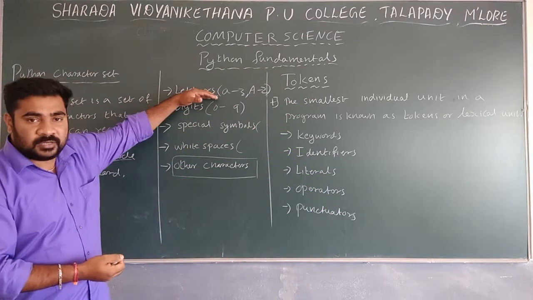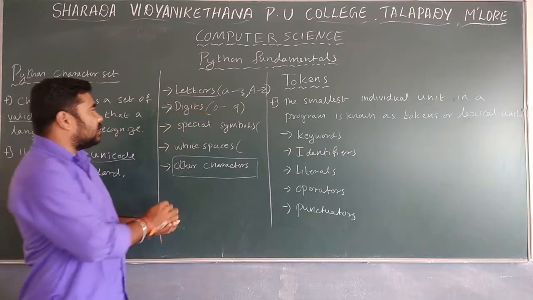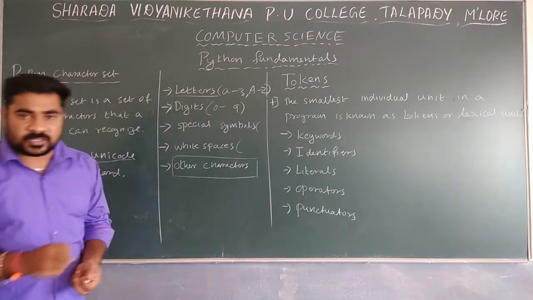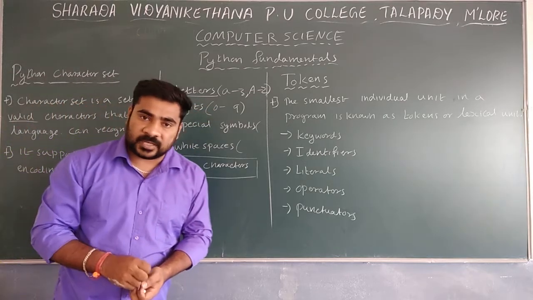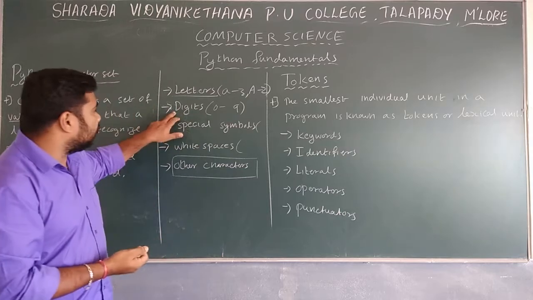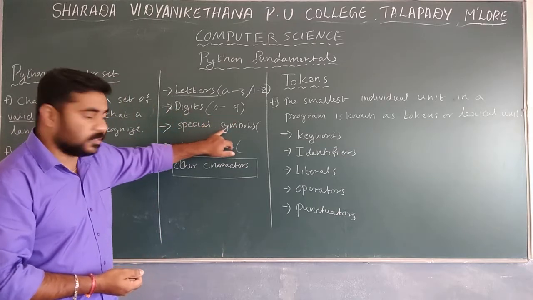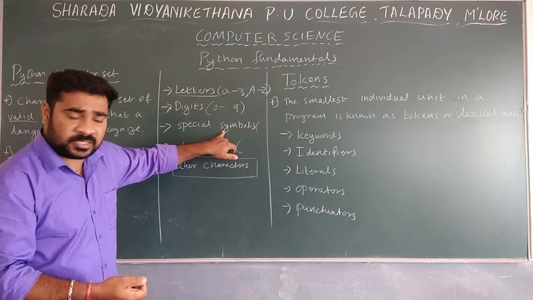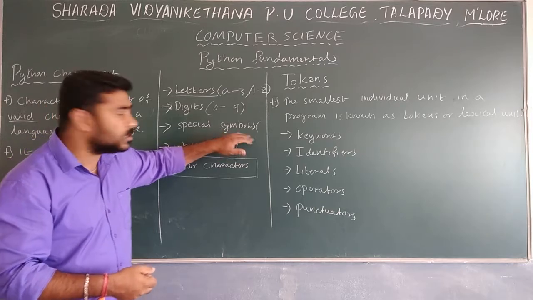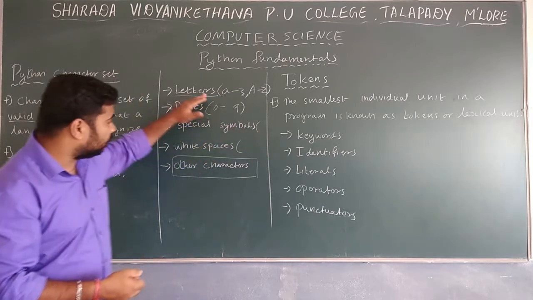So these are the different character sets. The first one is letters: A to Z small letters and A to Z capital letters. Next, digits 0 to 9, numbers, and special symbols. All the special symbols we are using can be identified by Python.